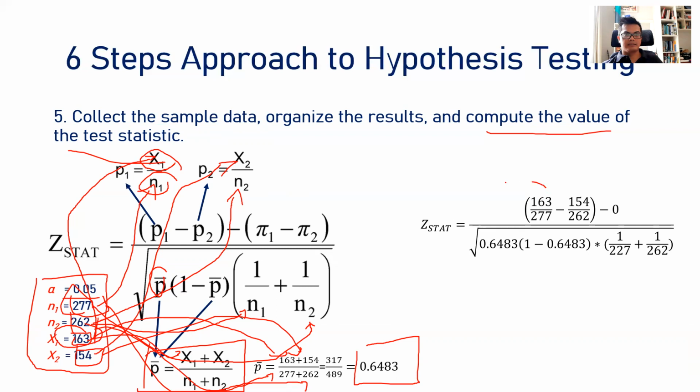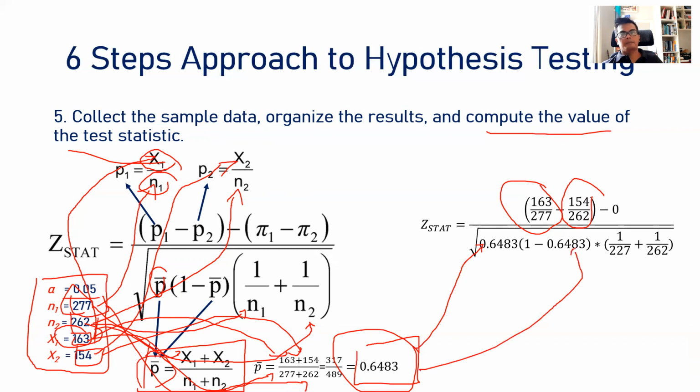P2 is also there, and the pooled proportion is already calculated. It's just a matter of plugging the right values into the formula. 1 divided by n1 is also there, so it's not a big deal.